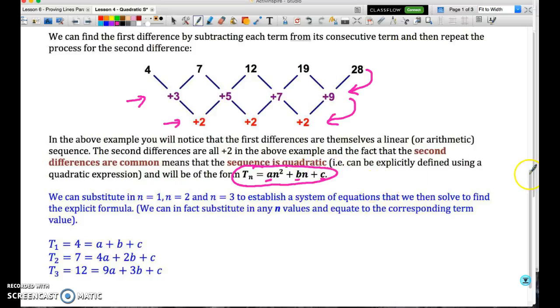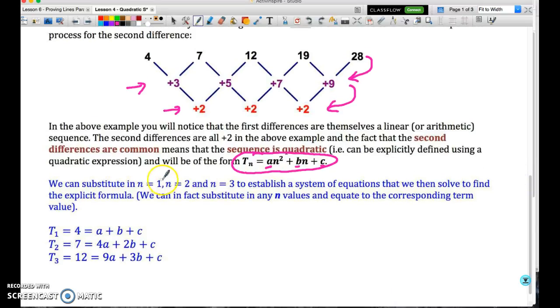In order to establish my system of equations, what I'm going to do is substitute n equals 1 into this expression. It's going to produce a plus b plus c. N equals 1, of course, represents the first term. And so we know from our sequence that the first term is 4. And so we have 4 is equal to a plus b plus c.